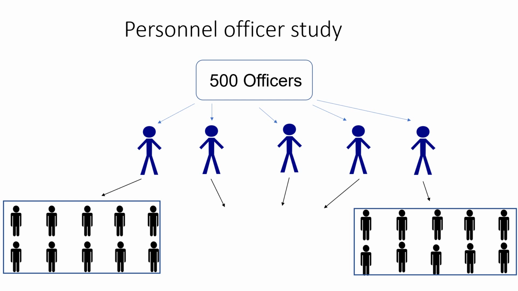Now imagine that the company is much smaller and it only has 5 personnel officers, all of whom are used for the study. If we were to repeat the study, the very same officers would be chosen. So in that case, the officer factor should be treated as fixed.